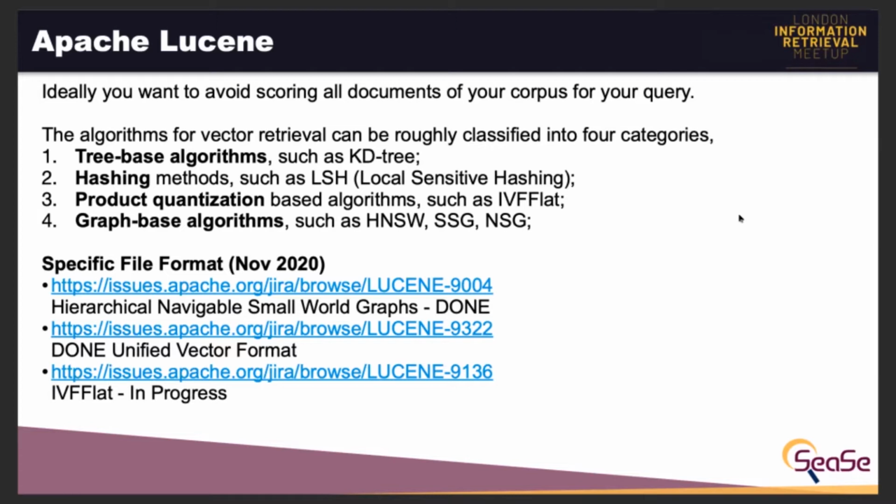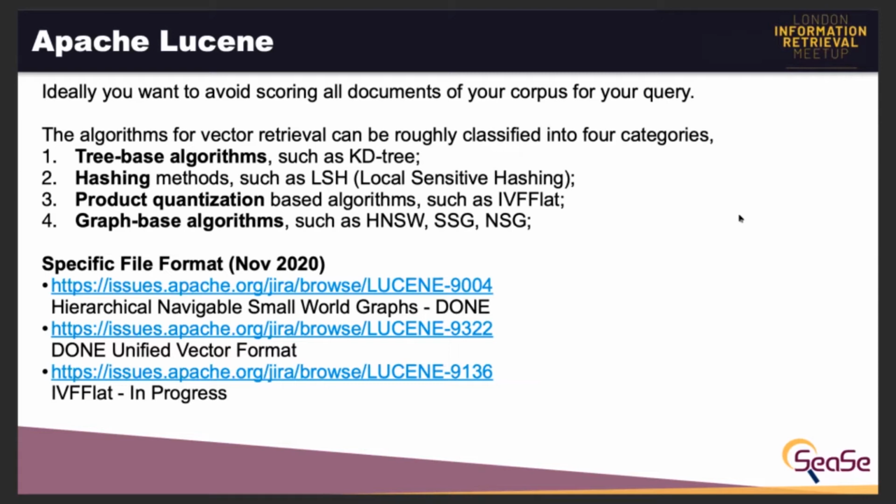In Apache Lucene, in November 2020, so this is quite a recent contribution, we got the hierarchical navigable small world graphs approach implemented and fully contributed. There's also work in progress for an HNSW flat approach, which is tracked under the Lucene 9136 issue. On top of that, a unified vector format for the file format has been contributed, so that if new approaches are introduced, it's possible to leverage the same data structures.